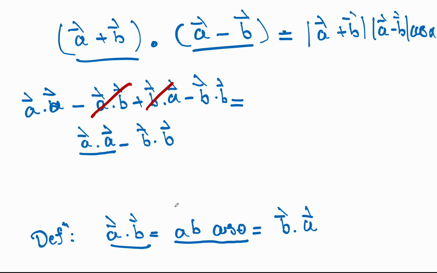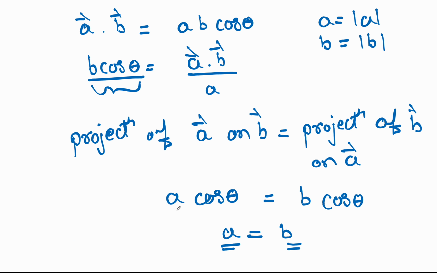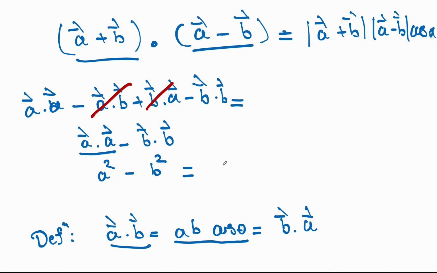And if you see the definition with cos theta, for A bar dot A bar the angle between A bar and A bar is 0, so that is nothing but the magnitude squared, A squared minus B squared. By the given condition, we know that the magnitudes of A and B are the same, so what we will get is 0.